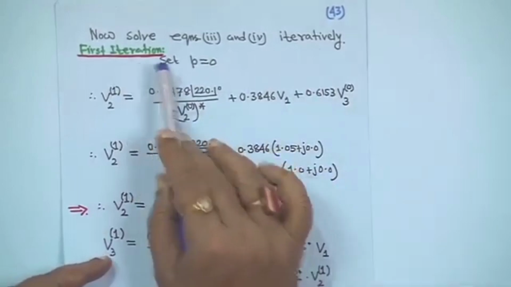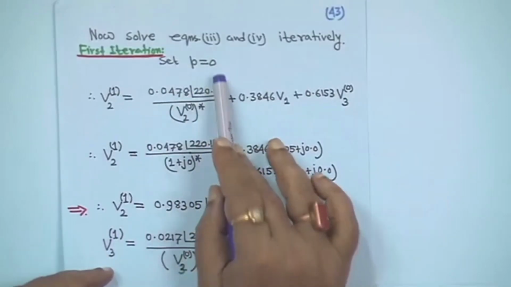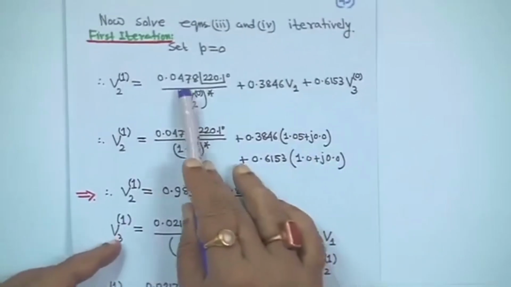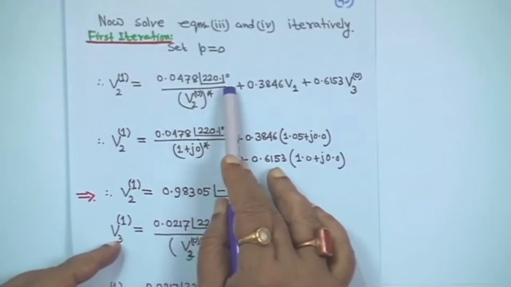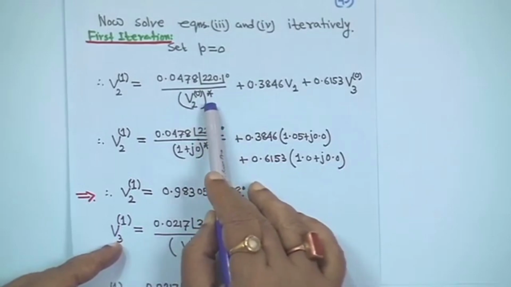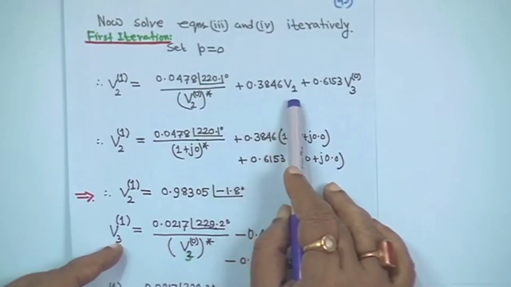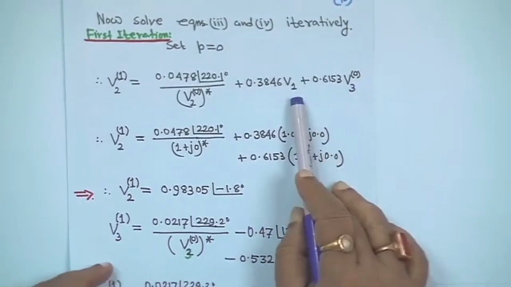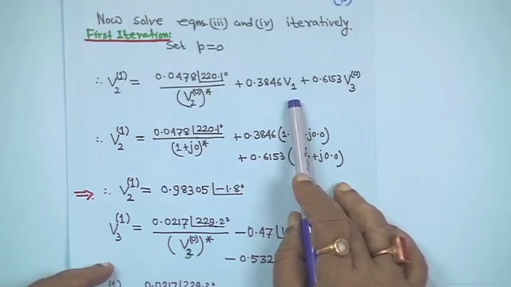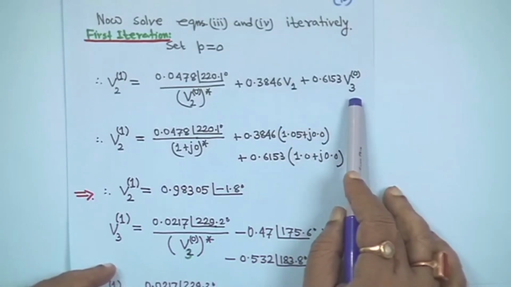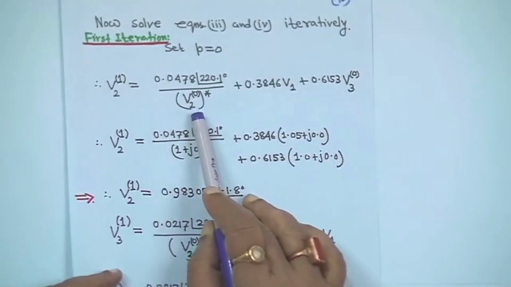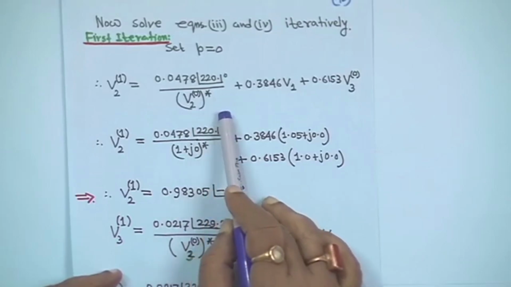First iteration, you put P is equal to 0. Therefore, V 2 1 will be 0.0478 angle 220.1 degree over V 2 0 conjugate plus 0.3846 V 1 plus 0.6153 V 3 0, right. V 1 is 1.05 plus J 0, we know that. V 3 0 is also 1 plus J 0, and your V 2 initial value is also 1 plus J 0.